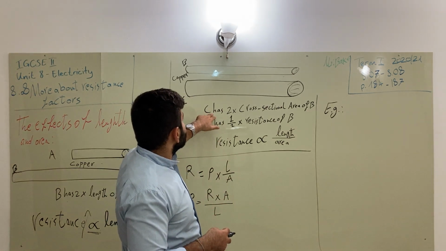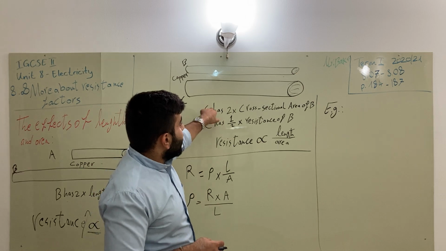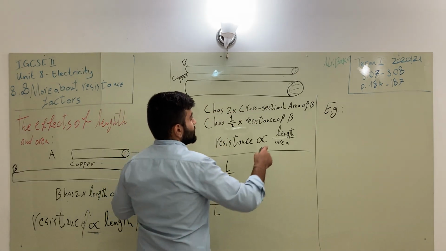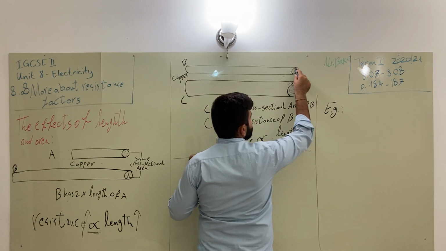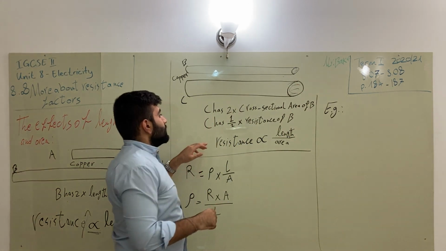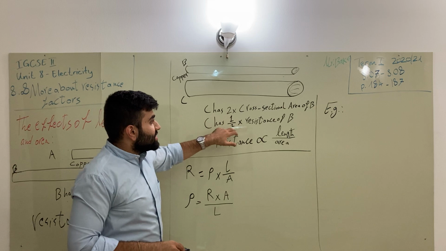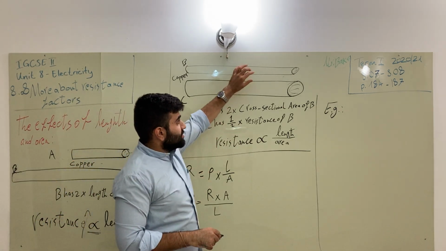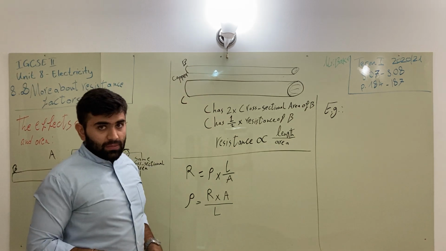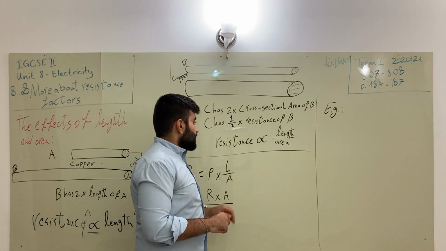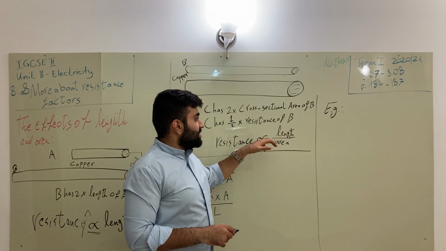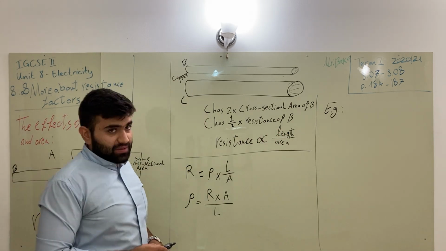So if C has twice the cross-sectional area of B, that means C has half the resistance of B. So the thinner the wire is, the more resistance it has. So the resistance is proportional to the length over the area.